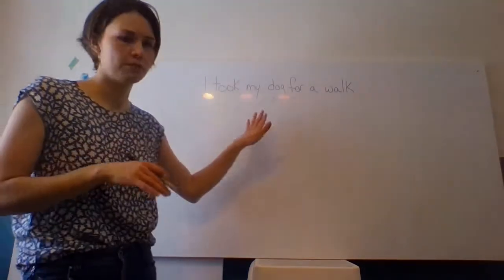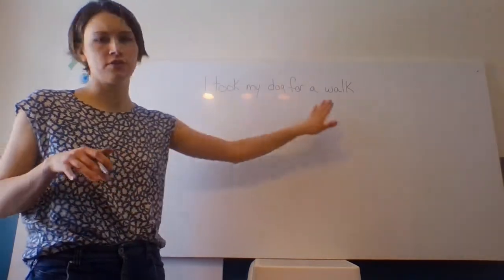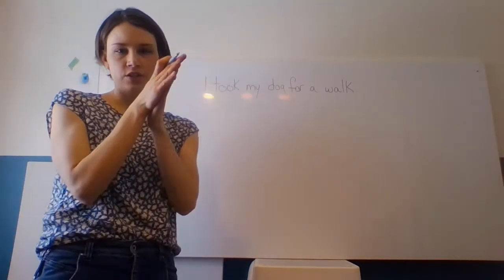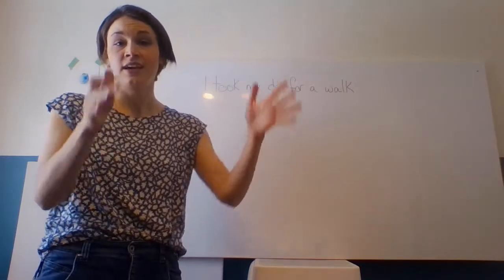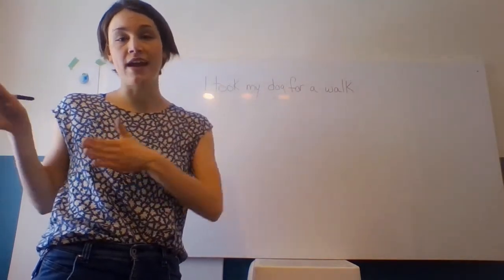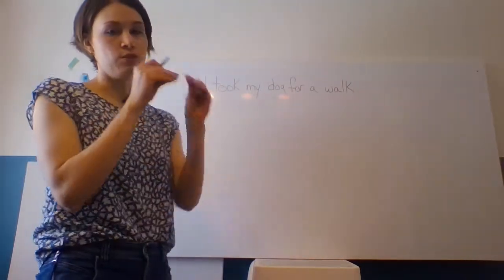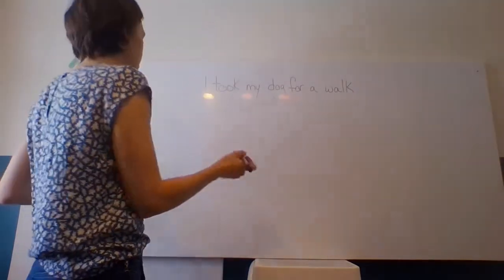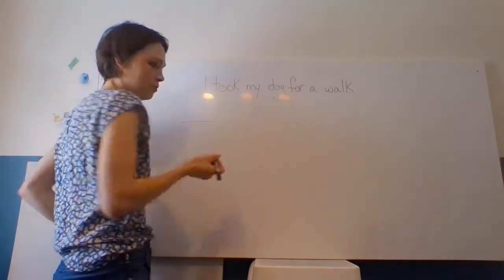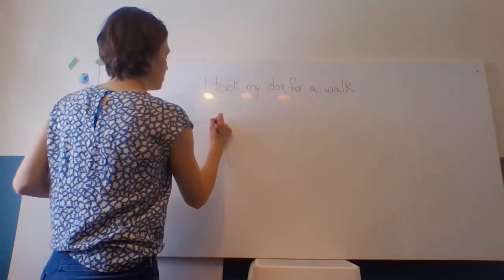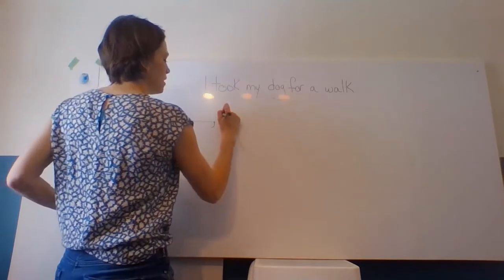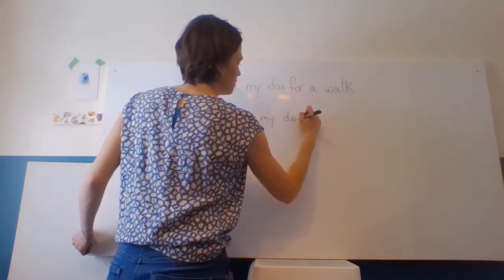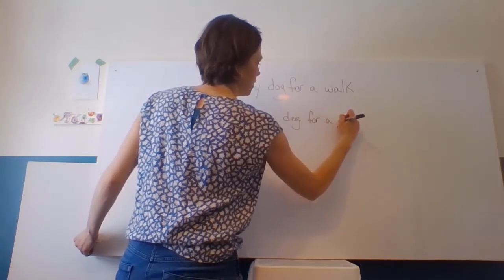We'll start with a simple sentence like this one: I took my dog for a walk. How sentence branching works is you can branch your sentences at the beginning, middle, or end of the sentence, and you use a comma to break up your sentences. For example, we can add something at the beginning of the sentence: blank, comma, I took my dog for a walk.